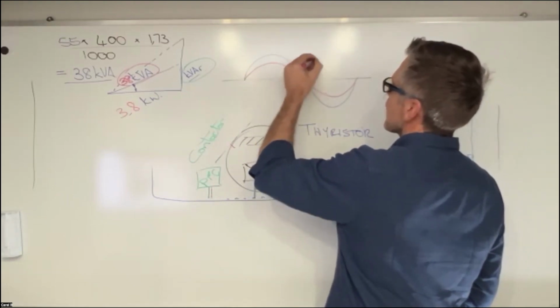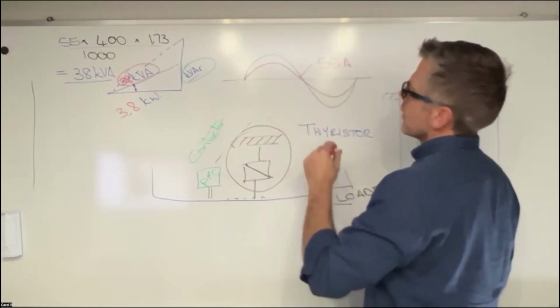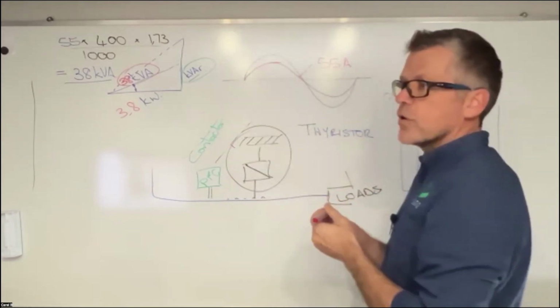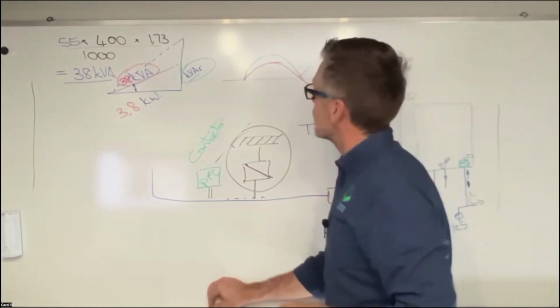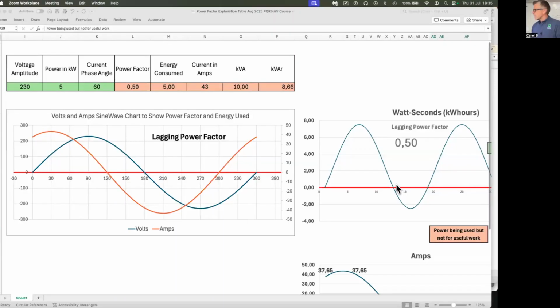If the current is 55 amps, this current value has grown. So we are drawing more amps. But what is happening in the simulation is that it's pushing some of the power that's being consumed below the line. That becomes a negative, but the amount of energy that we're consuming over here stays the same.